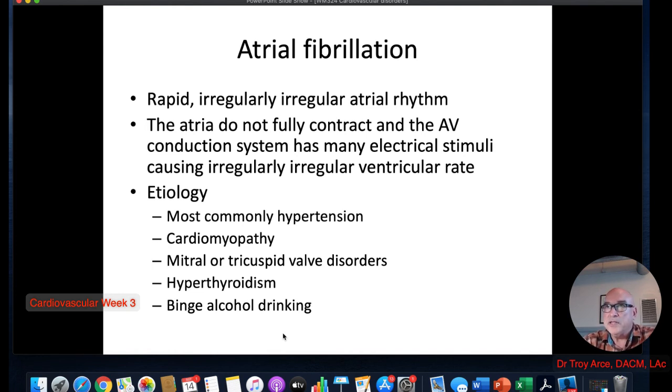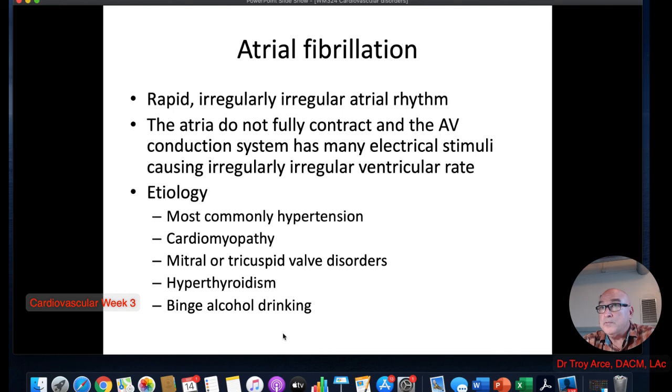So how does it happen? It's most commonly due to high blood pressure, cardiomyopathy, mitral or tricuspid valve disorders. So either side, you might have a disorder on the left or right side. Okay, so for homework, know that heart. Tell me which side it's on. Is the mitral on the left or right?